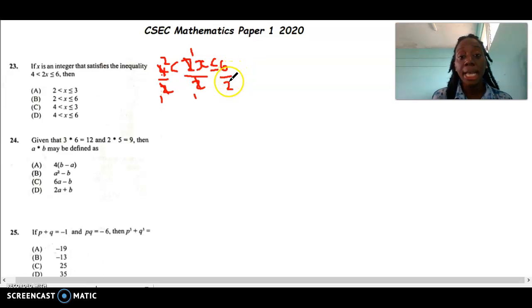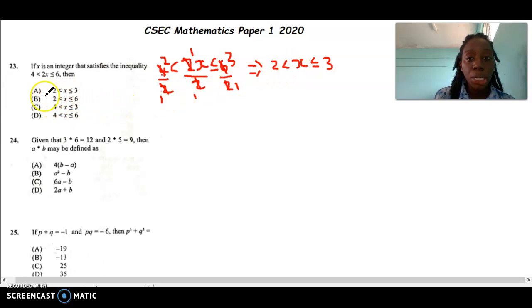On the right hand side, I can get 1 set of 2 out of 2, and 3 sets of 2 out of 6. So I have a situation where x is less than or equal to 3 and x is greater than 2. So looking at my solutions, my answer is A.